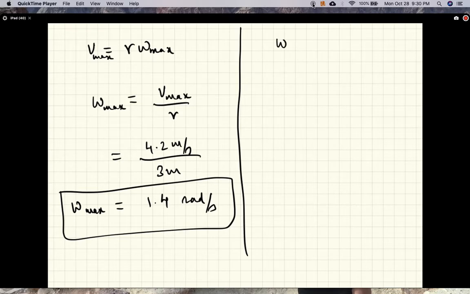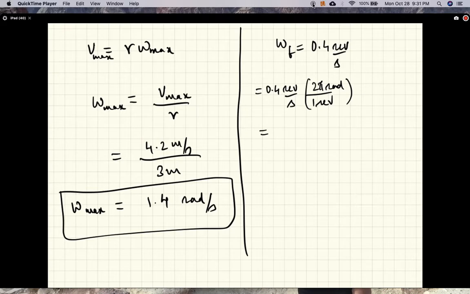Omega final equals 0.4 revolutions per second, and 1 revolution is 2 pi radians. So 0.4 times 2 times pi is 2.51 radians per second.